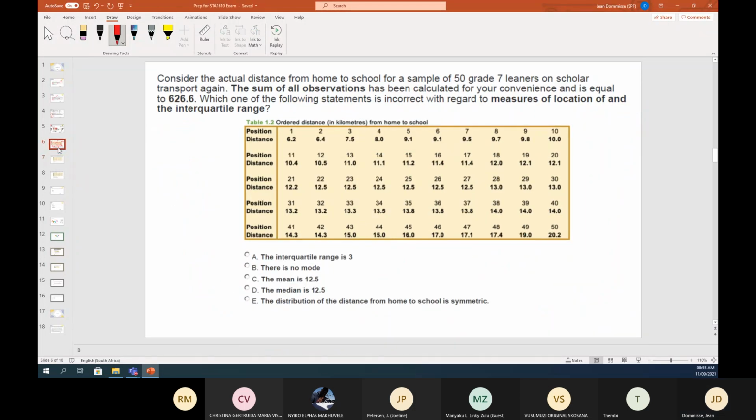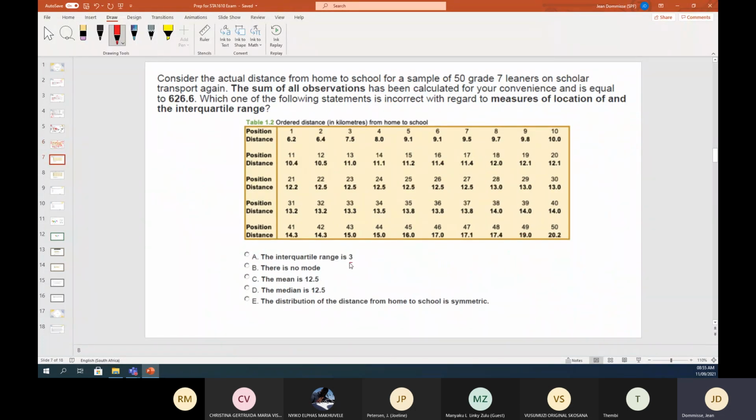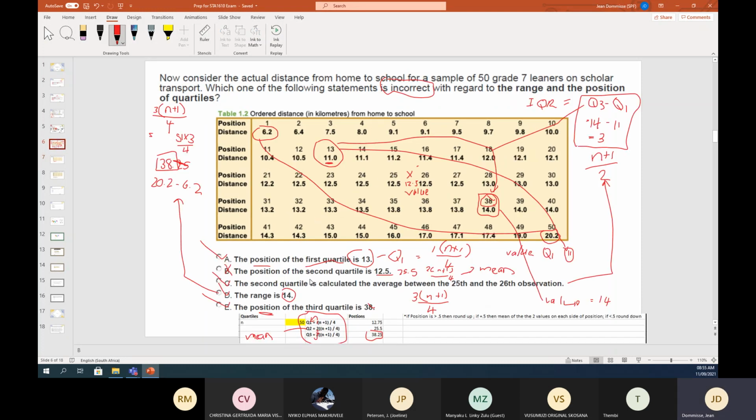Interquartile range, we did there. It got us 3. That was actually the first question. So that is correct. But what I don't like about this is that when you're in the exam and the question is structured like that, and I assume it was like that in the assignment as well, you don't know what previous things you worked out.